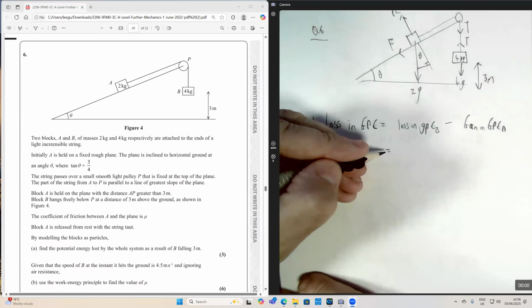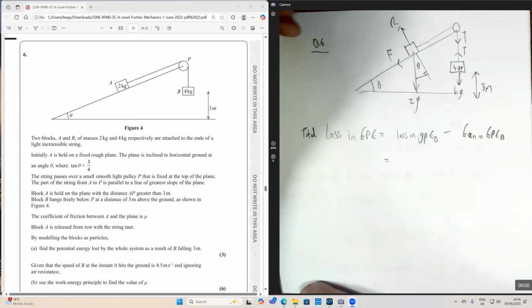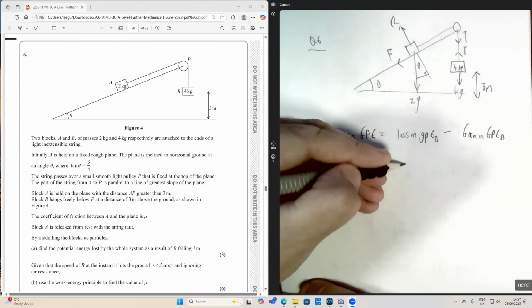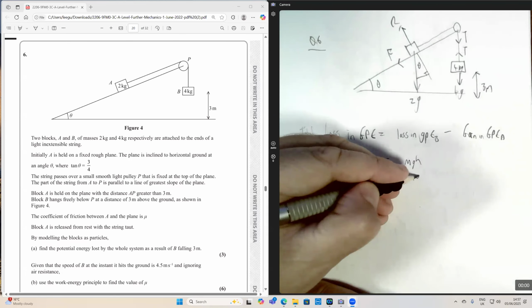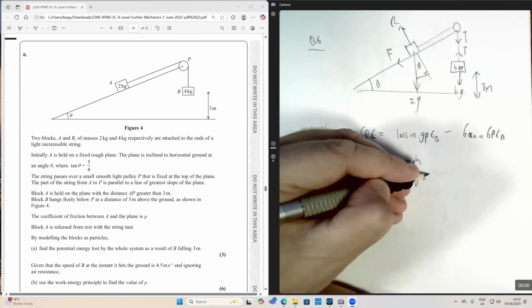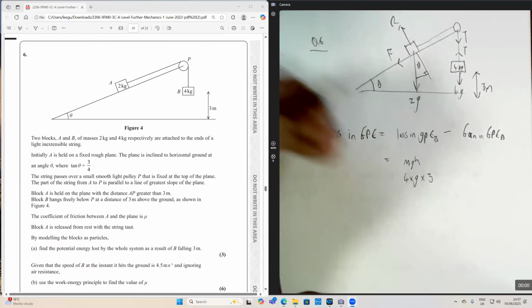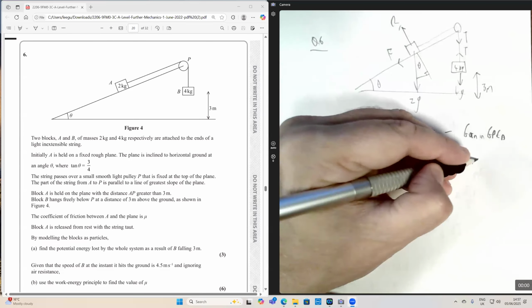And how much has B lost? It's traveled a distance of 3 when it hits the floor. So it's mgh. The mass is 4, g is g, and h is 3. And then minus mgh again.